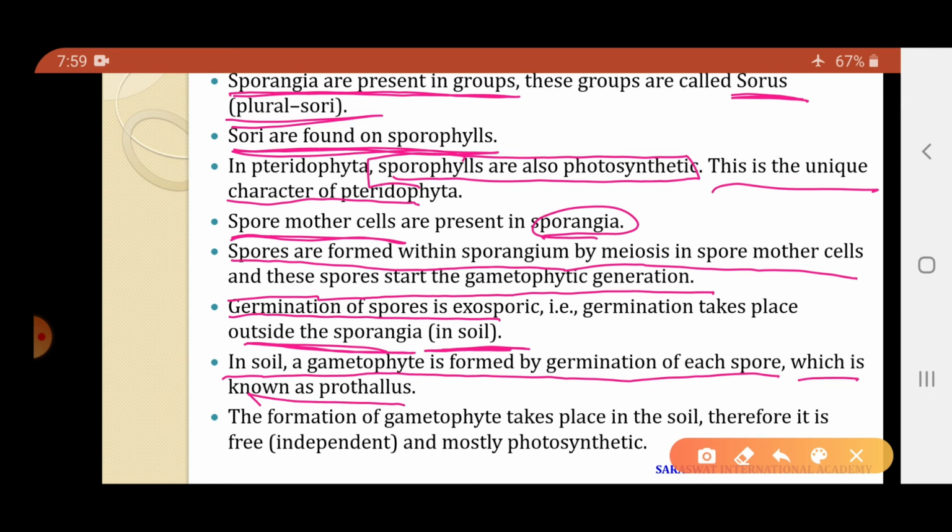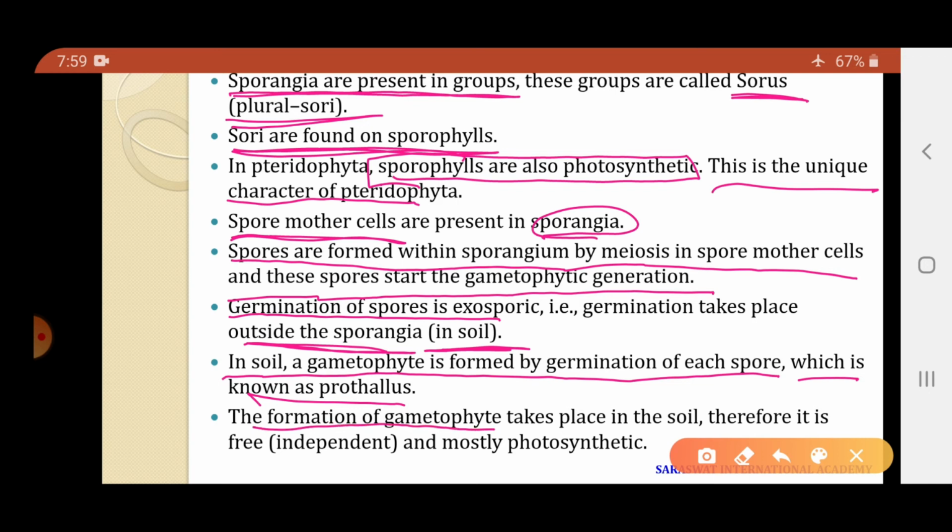So spores they will be released into the soil. सॉइल में स्पोर का जर्मिनेशन से गैमेटोफाइट बनेगा, and here the gametophyte is called as prothallus. यानी आप देख सकते हो कि स्पोरोफाइटिक प्लांट and गैमेटोफाइटिक प्लांट्स they are distinct plant. दोनों अलग अलग सॉइल में डेवलपमेंट होता है दोनों का.